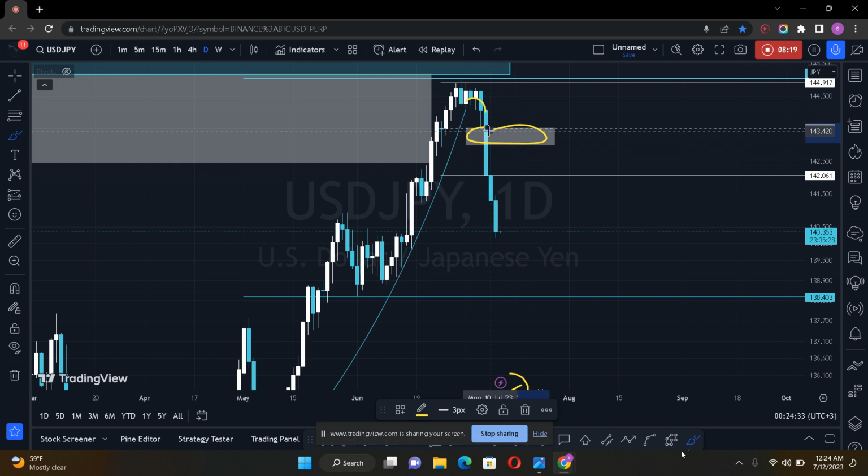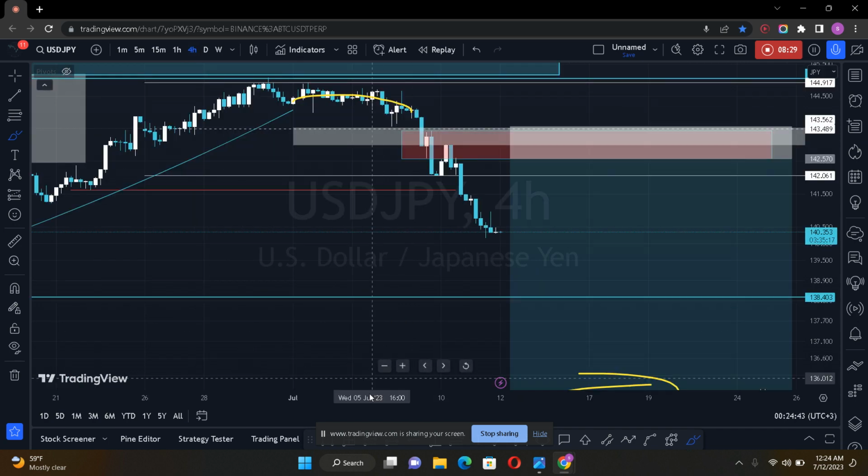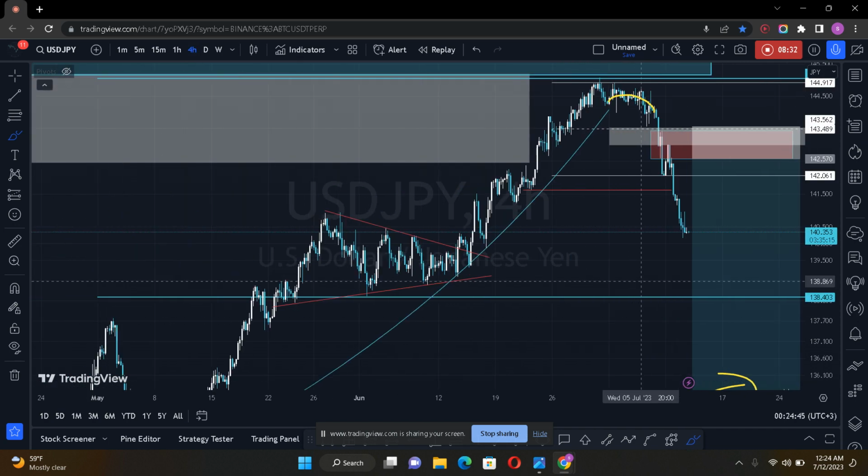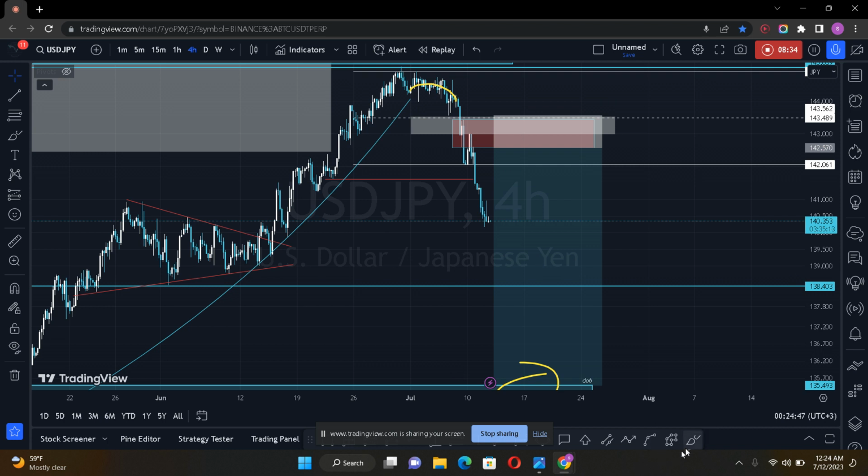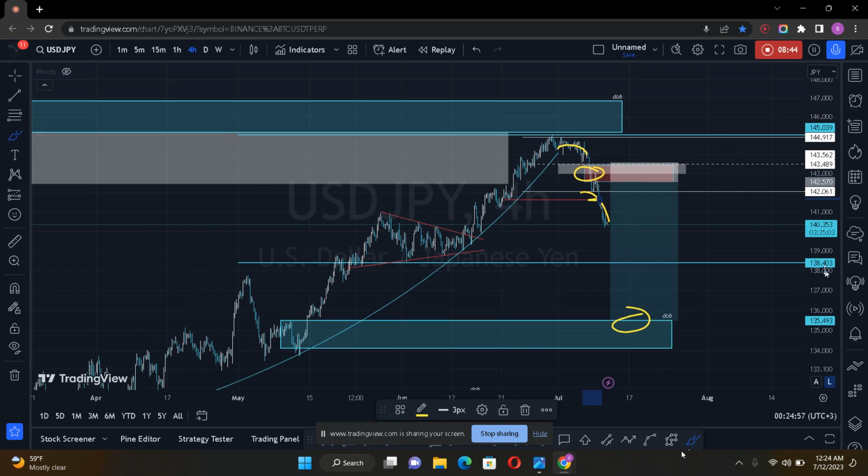This inefficiency, I'd like to see it filled so that we may continue moving lower. And to add confluence to that, you can see that the inefficiency coincides with the origin of this particular move that led to the breach. So that adds confluence to my entry zone, which is there.